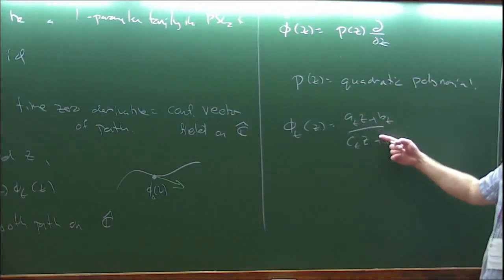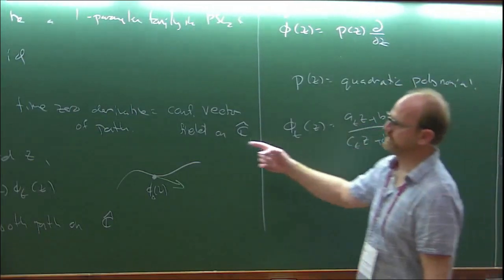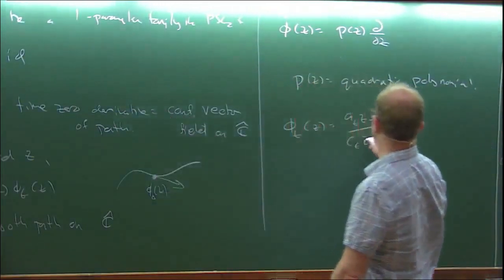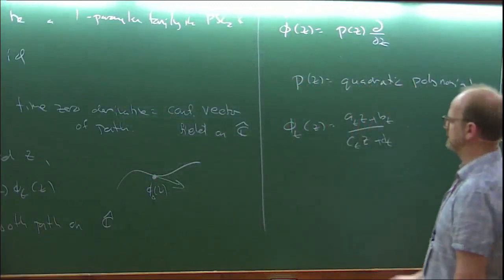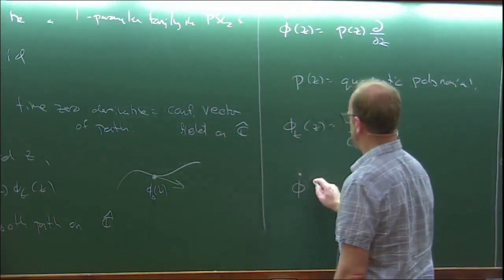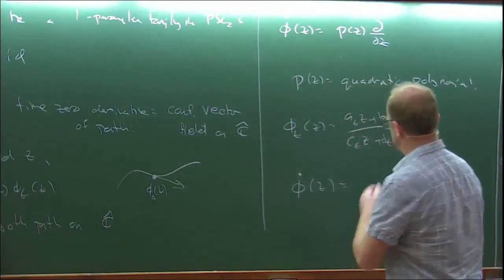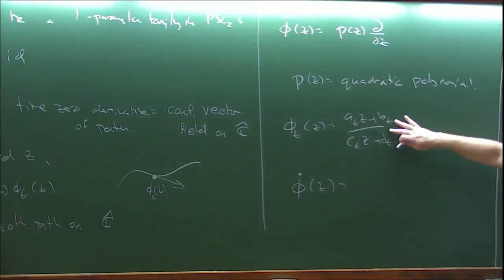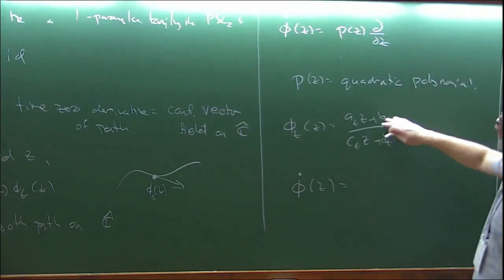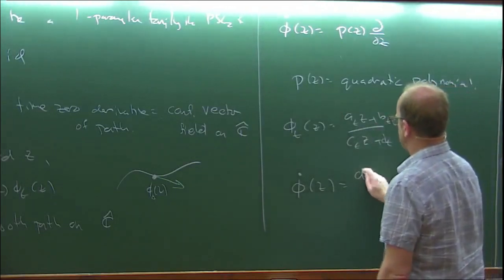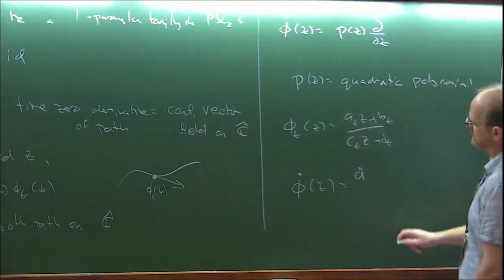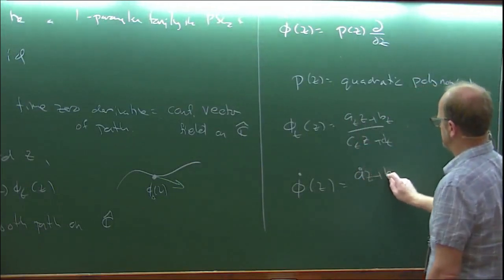And then I'm just differentiating the quotients, right? To get this vector field, all I'm doing is I'm just differentiating the A, the B, the C, and the D. So more explicitly, I can just write this as the derivative of this expression with respect to t. So when I do that, I get, again, the dot indicates the time zero derivative.